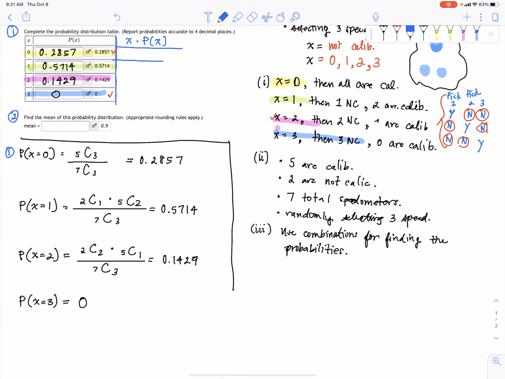So 0 times 0.2857 is just going to be 0, because 0 times anything is 0. 1 times 0.5714 would just be 0.5714.